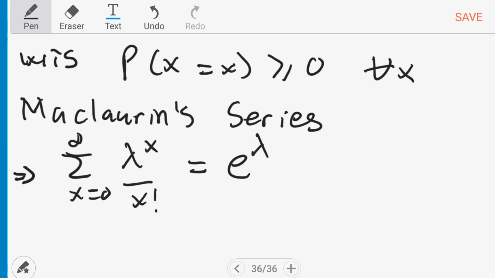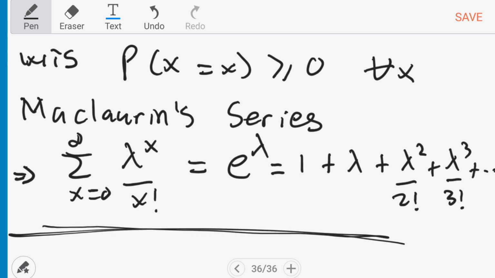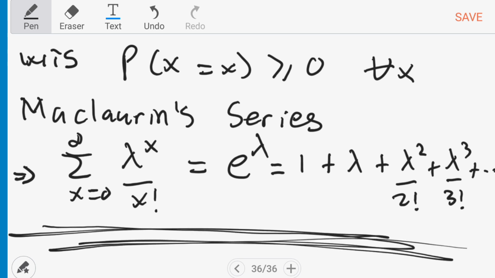Okay, where e to the power lambda is equal to 1 plus lambda plus lambda to the power 2 on 2 factorial plus lambda to the power 3 on 3 factorial plus, till you get to infinity. Alright, so kindly take note of this, the Maclaurin series. This is what we are going to use throughout this tutorial.